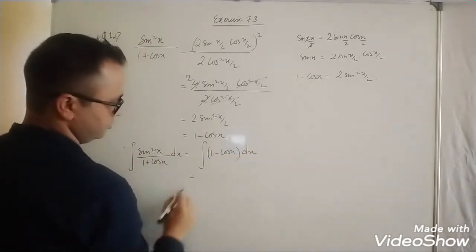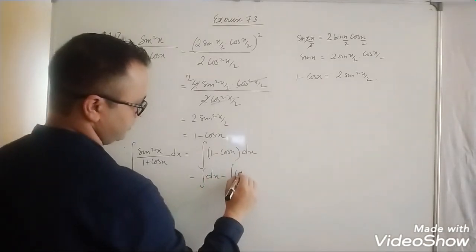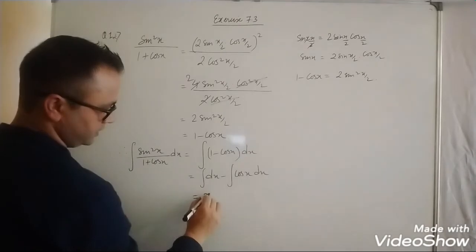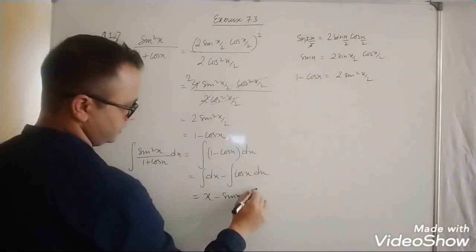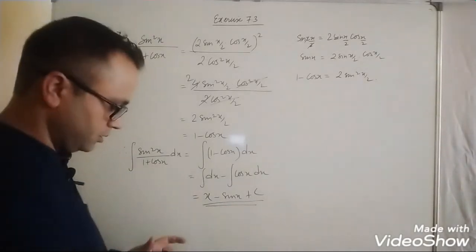So this equals integration of dx minus integration of cos x dx. What is the integration of dx? It is x, minus integration of cos x, which is sin x, plus c. This is the answer of question number 12. Okay, this was for today. Thank you.